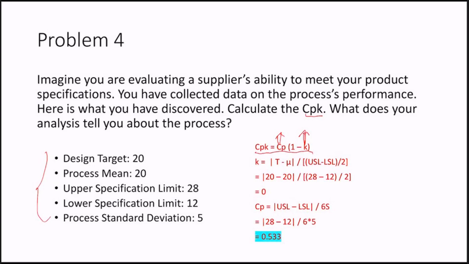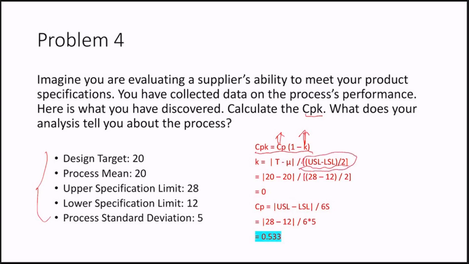The target is 20, and the mean is also 20. We don't need to consider this part because the numerator is 0, so K equals 0.